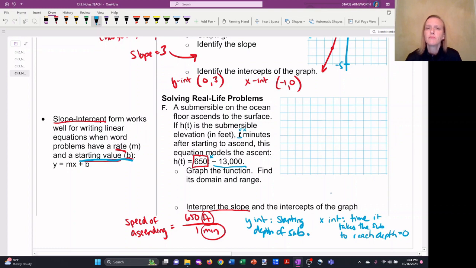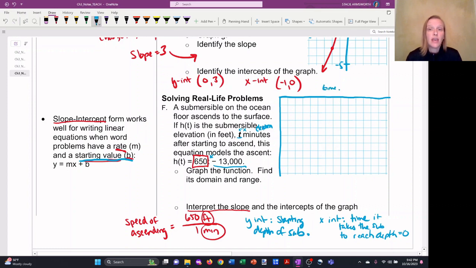Okay. All right. So now that I know that the highest value my depth, the elevation, can be is 0, I'm going to plot my origin here in the top left corner. I can have positive values of time.